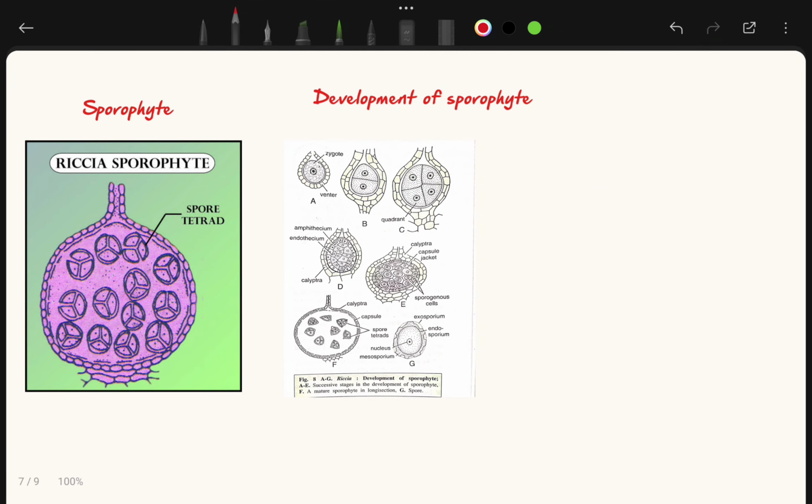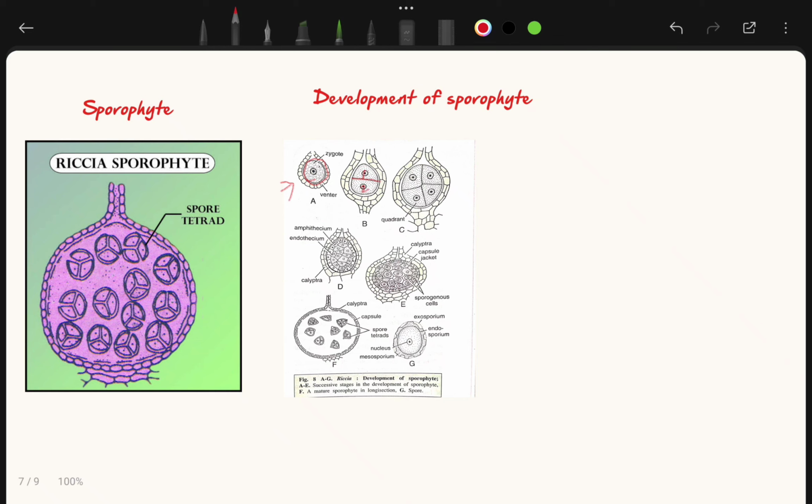Now since the zygote is formed, it will grow in size and occupy the entire space, and it will soon start division. The first division is a transverse division. In bryophytes it is usually a transverse division, and it will give rise to 2 cells, cell number 1 and 2.